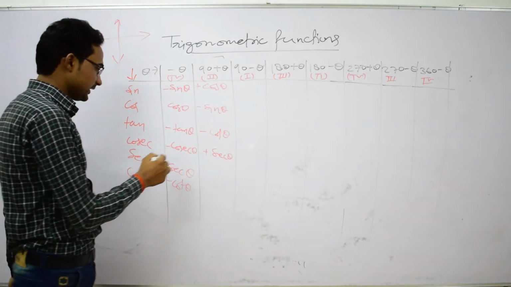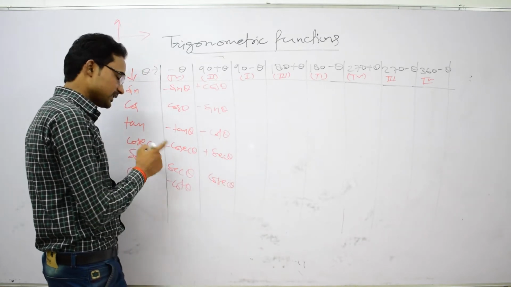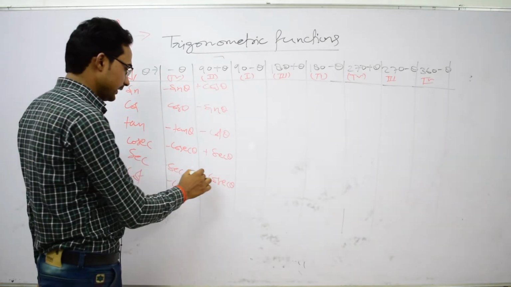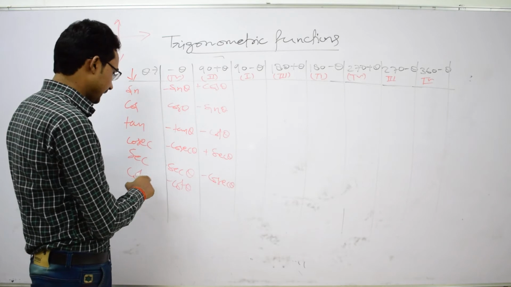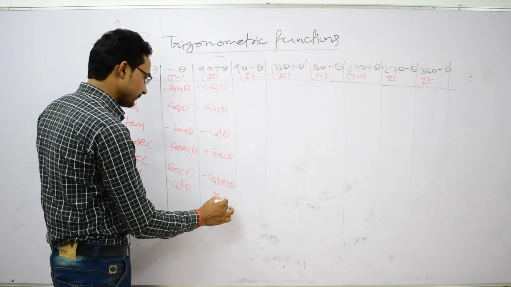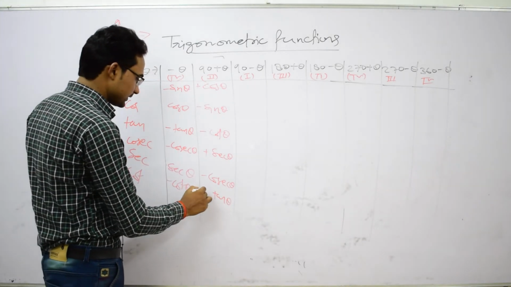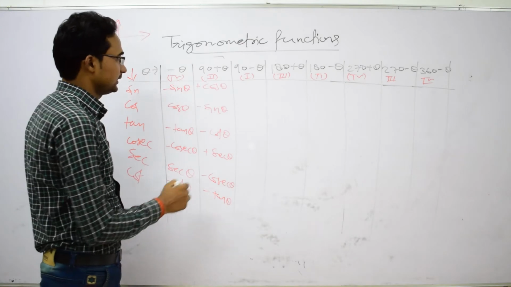Sec 90 plus theta, sec will be in cosec form, cosec theta, and in the second quadrant sec is negative, so minus sign. And after that cot 90 plus theta, cot will be in tan form, tan theta, and in the second quadrant cot is negative, so minus tan theta.